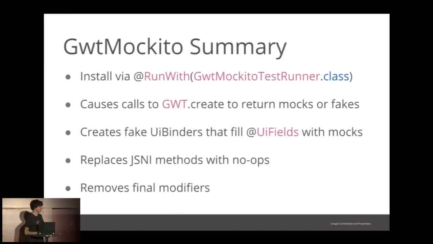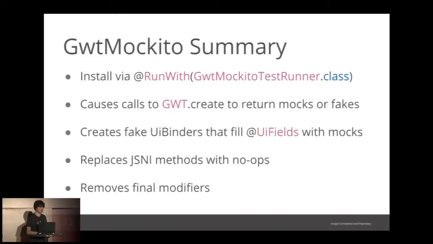The last couple of things GWT Mockito does: it goes through and replaces all these JSNI methods with no-ops, such that if you depend on some class that happens to use JavaScript deep inside it, you can keep testing it without just dying immediately. And it also goes through and removes final modifiers in a lot of cases. This is actually important because if you're using something like a JavaScript overlay type, you have the problem where all of your methods inside a JavaScript overlay type have to be defined as final.